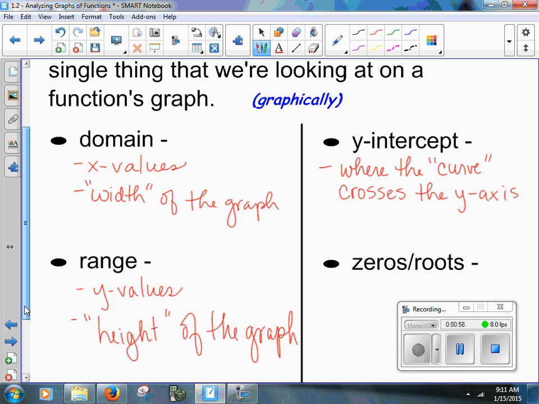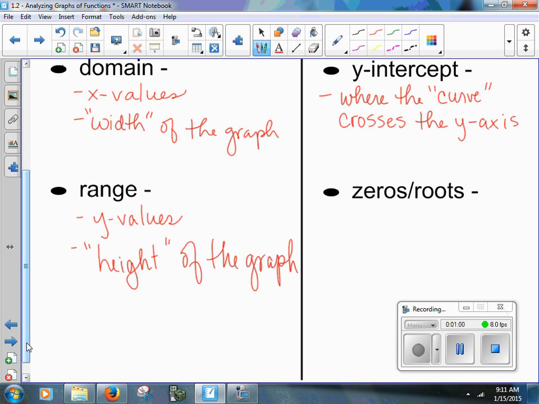That's right. What are zeros or roots? I just said where it crosses the x-axis. Well, if you got the y-intercept, then the zeros or the roots or the solutions, these are the x-intercepts.